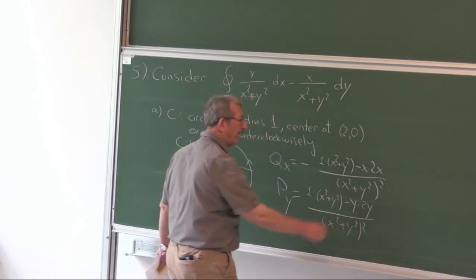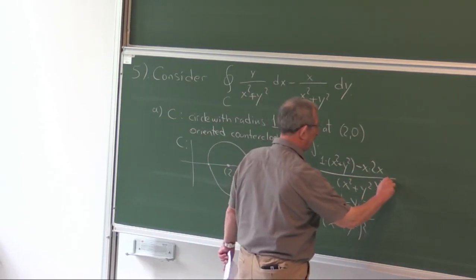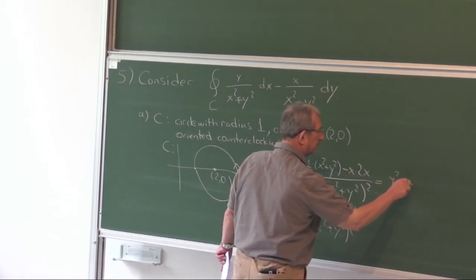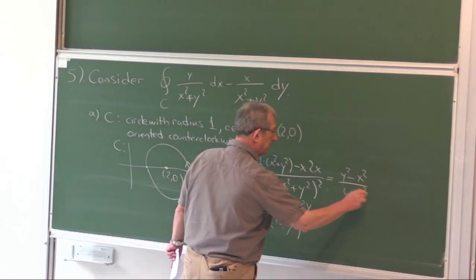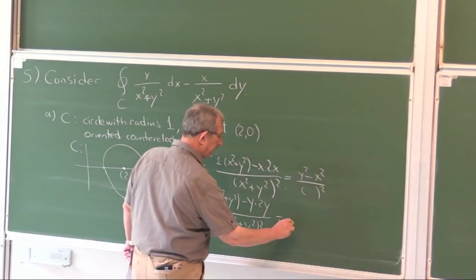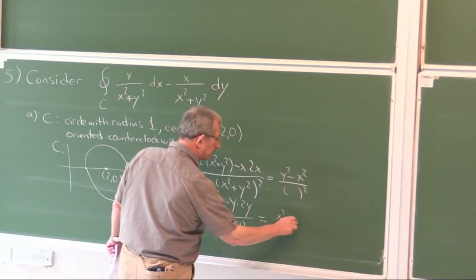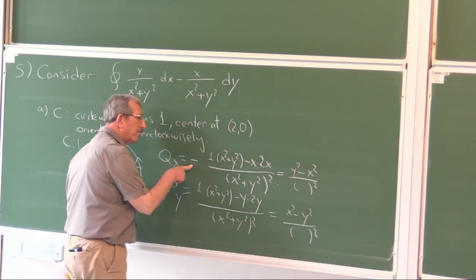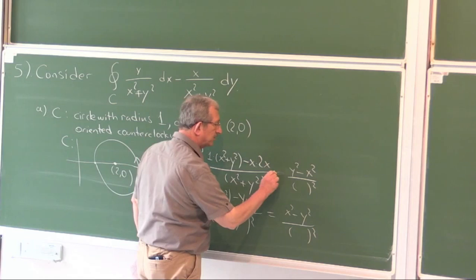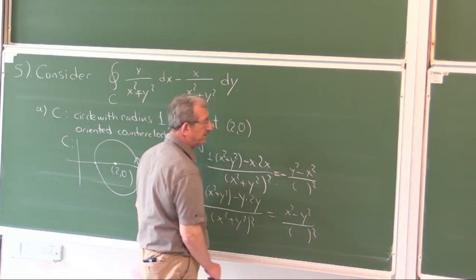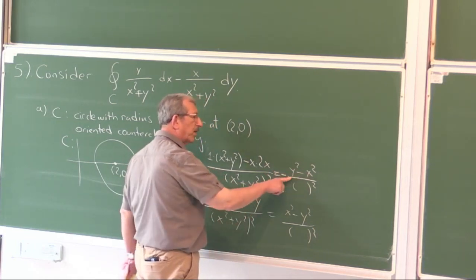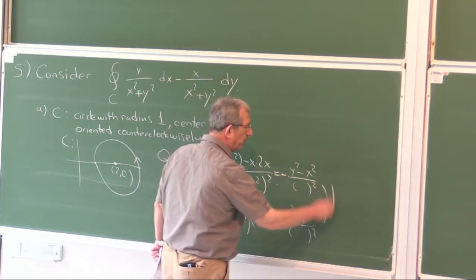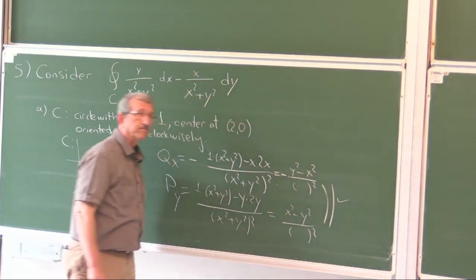We see that here we have y squared minus x squared, and here we have x squared minus y squared over the square, but we had a minus sign here, so this is actually the negative of this, so it is x squared minus y squared, and therefore they are equal.